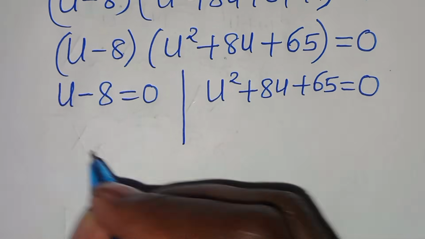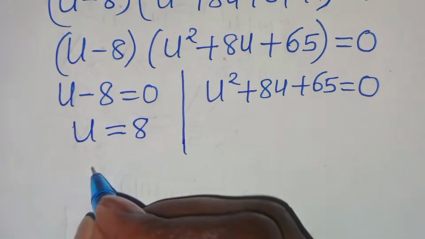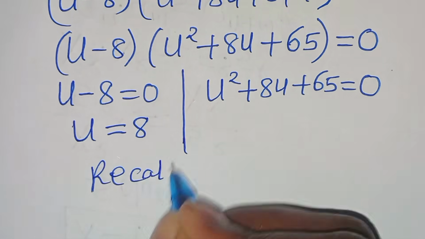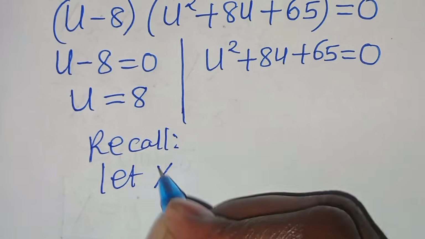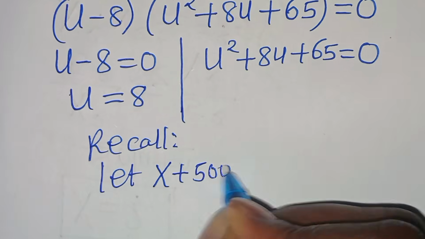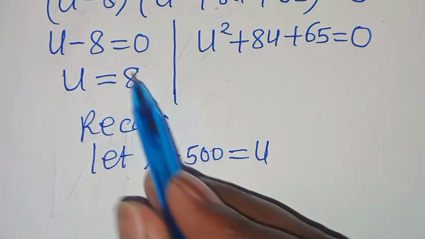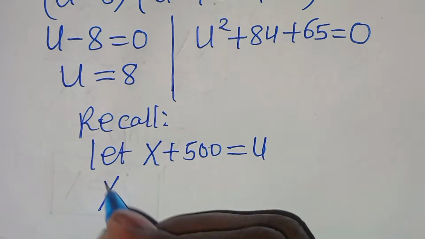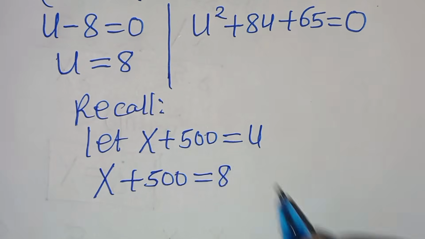So from the first part here, we have that u is equal to 8. Now, if you recall, we have seen that we let x plus 500 be equal to u. So let's substitute the first value of u, which is 8, so that we have x plus 500 equal to 8.